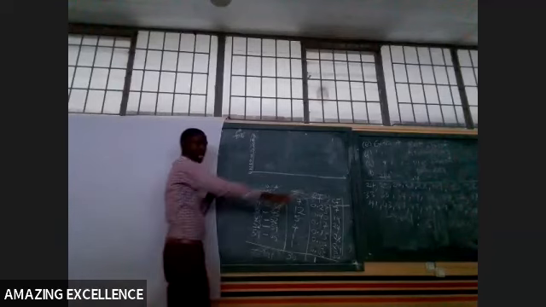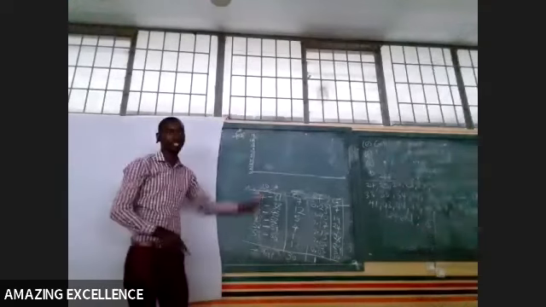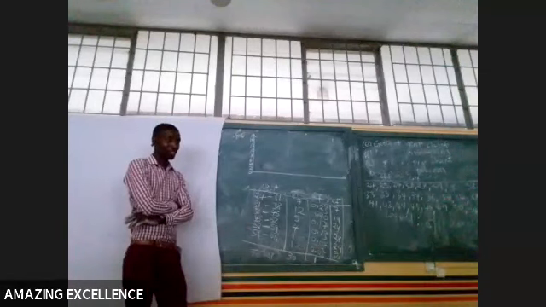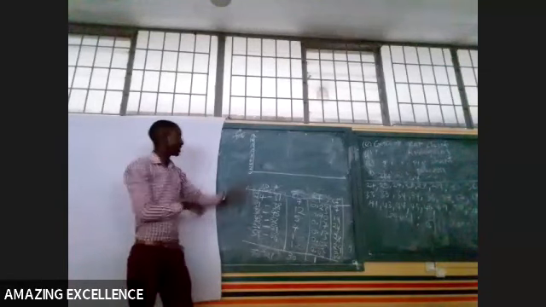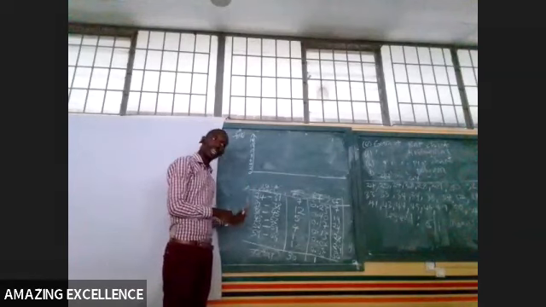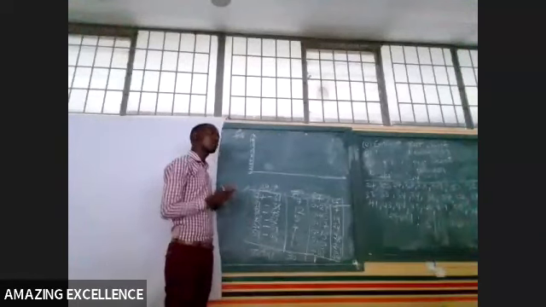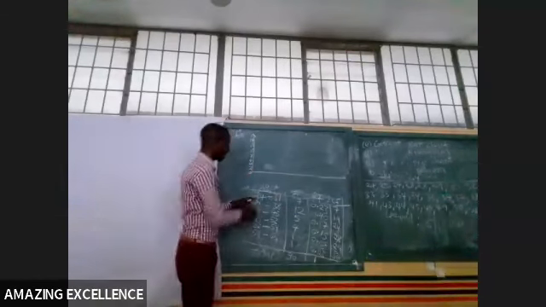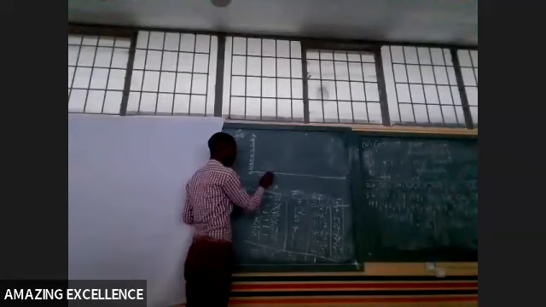Then on the horizontal axis, you put the classes. The way you put the classes, you put spaces in between. So you say there's a class from 24 to 31.